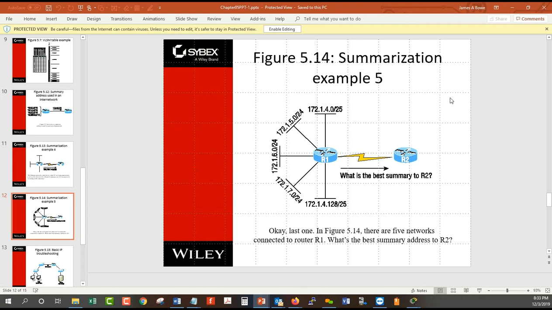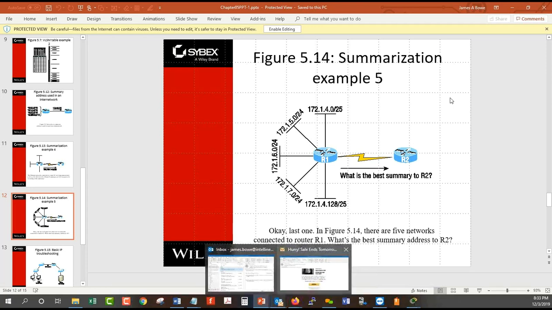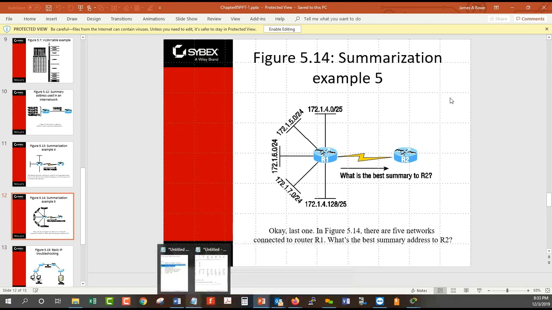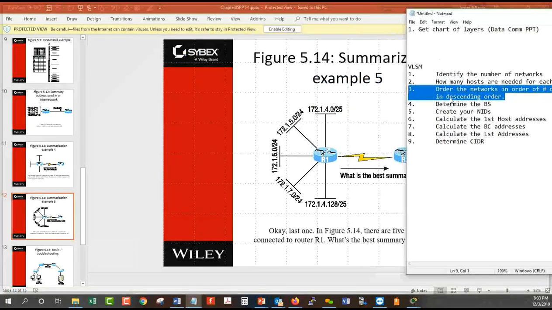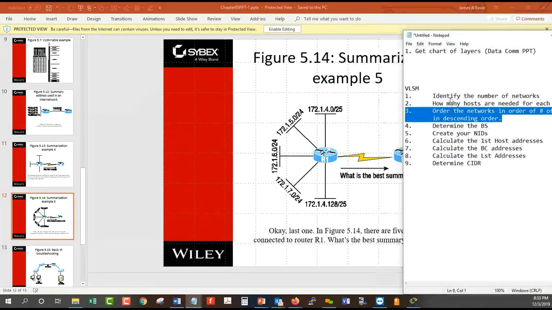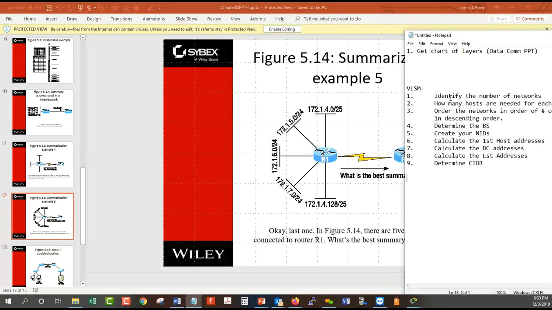So what we're going to do is pull up our notepad here. We said the 172.1 is common to all of them, okay? It's the 4, 5, 6, 7, and the 4.128 that is uncommon, different for each one of these networks.